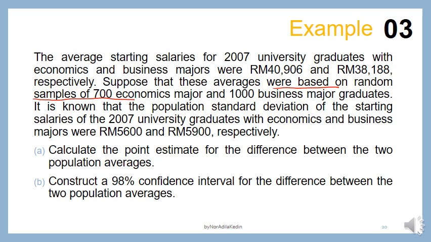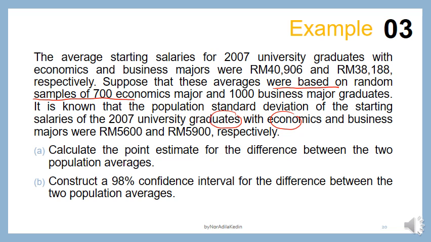It is known that the population standard deviation of the starting salaries of 2007 university graduate with economic and business major is 5,600 and 5,900. Calculate the point estimate for the difference and construct 98% confidence interval.